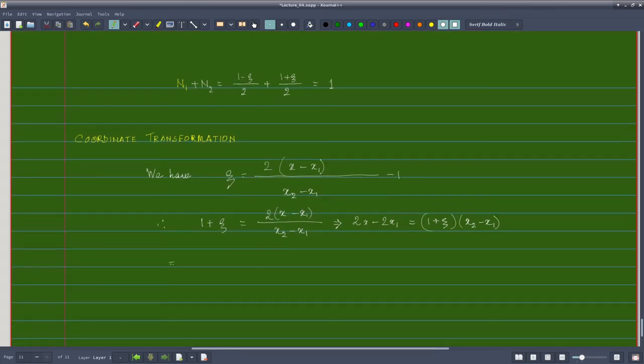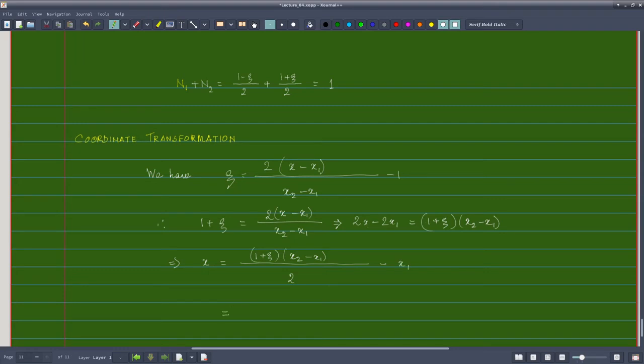And from here, what I get, therefore, x will be 1 plus xi into x2 minus x1 divided by 2 minus x1. Am I right?